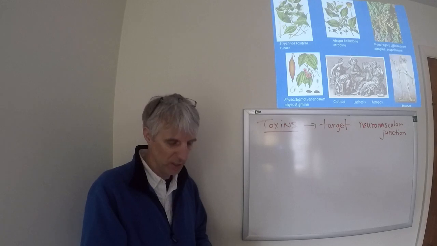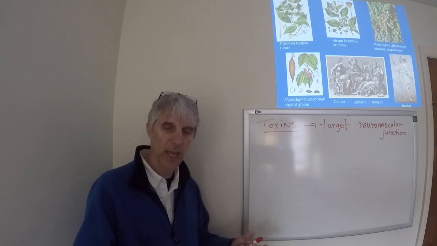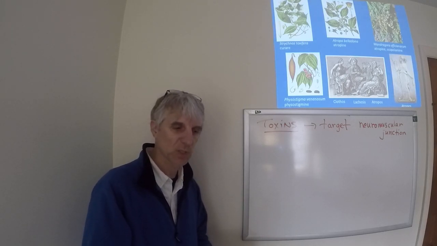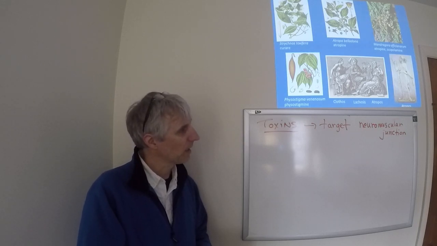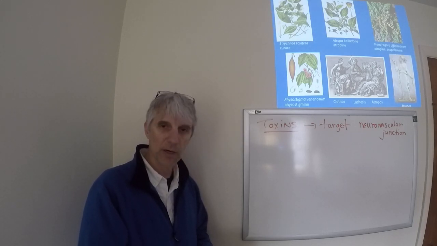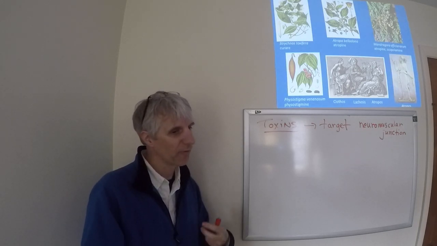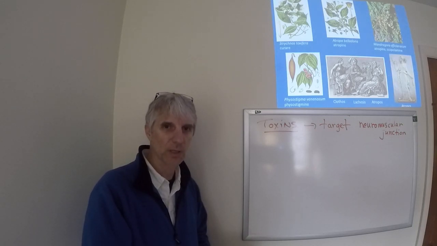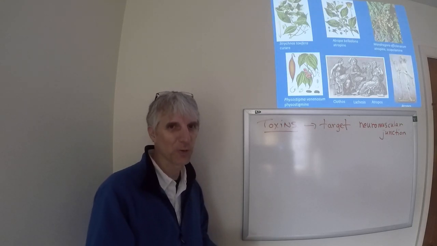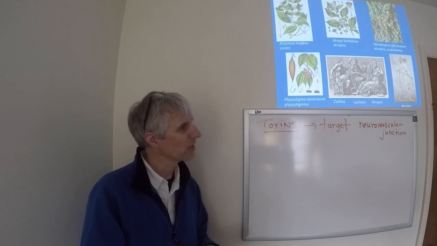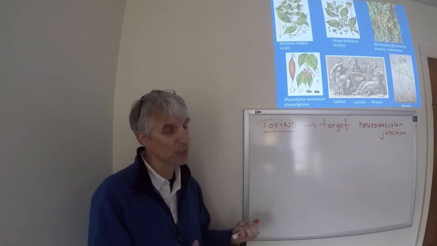The vast majority of plants, we're taught from a very early age to leave them alone. Don't eat them, spit them out, right? Many plants target the neuromuscular junction. Fungi target neuromuscular junctions. Bacteria target neuromuscular junctions. So all these organisms have come up with different ways to target the neuromuscular junction.